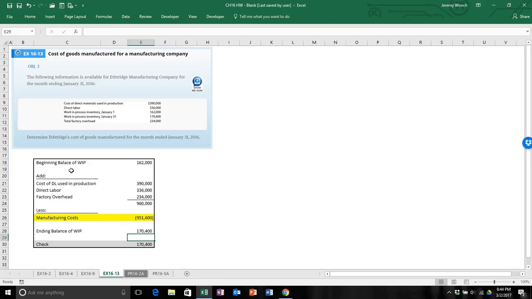And so what this is doing, if we started with 162, we added 960. So that is going to give us a total of $1,122,000. And that means that we had to manufacture $951,000 to leave us with an ending balance of $170,400.